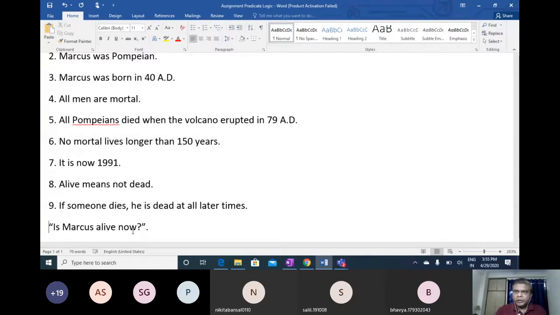If we reach a contradiction, since the resolution algorithm can be successful only if we are able to reach a contradiction. So if we are not able to prove not Marcus alive, we will try to prove Marcus alive. If we reach a contradiction for Marcus alive, that means we have proved not Marcus alive.